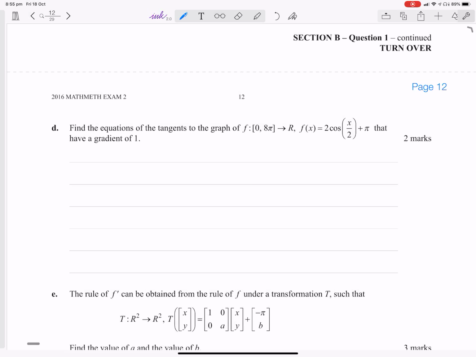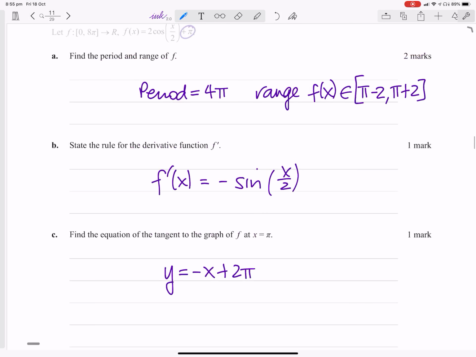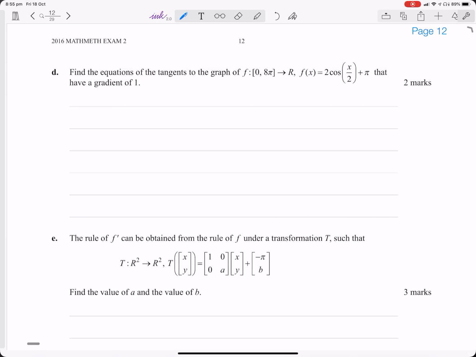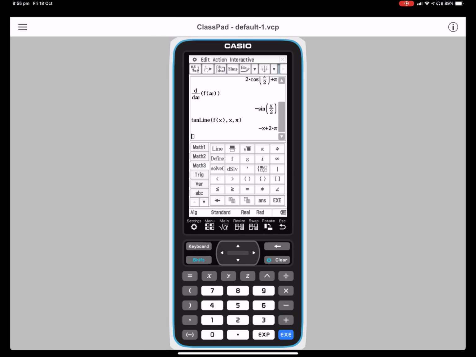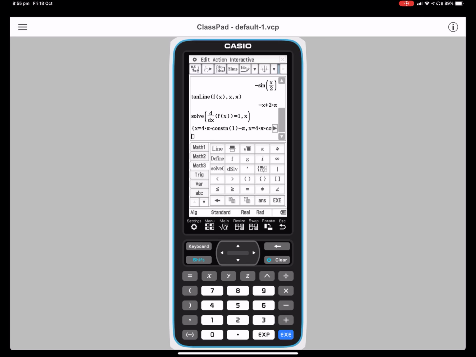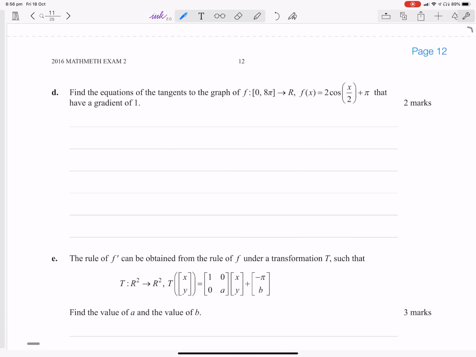Find the equations of the tangents to the graph of f that have a gradient of 1. So we want to find when d dx equals 1 and solve between 0 less than or equal to x less than or equal to 8 pi.